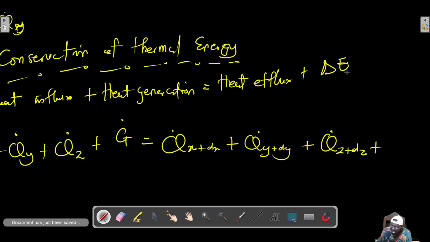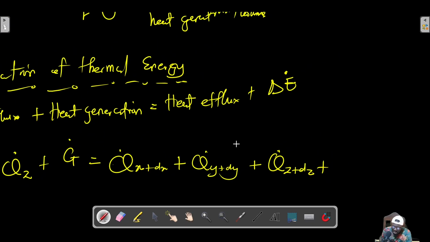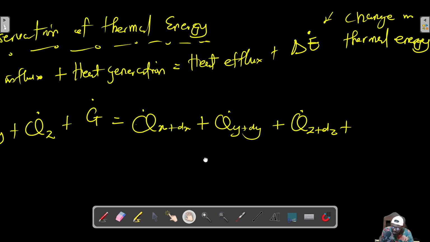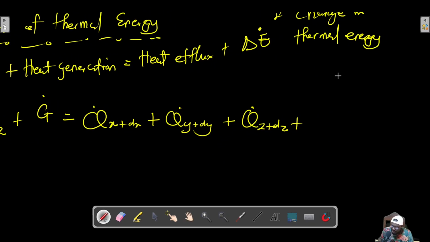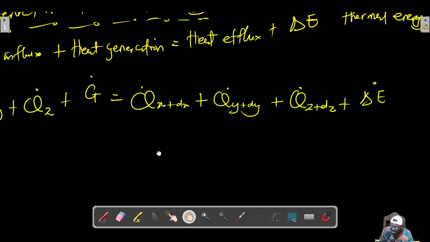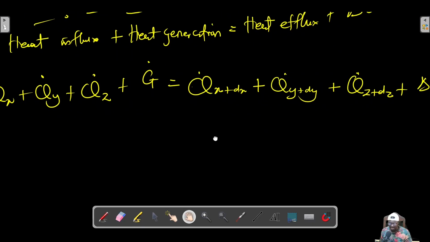That's what I represented with change in E dot, the time rate of change in thermal energy. So note the time rate of change in thermal energy. Now that is it. So I can write here change in E dot. So this is basically your conservation of thermal energy.